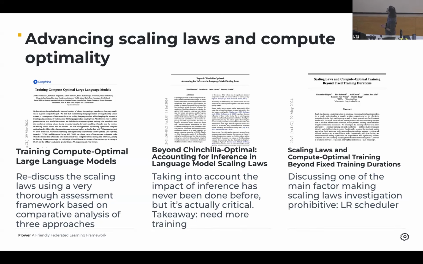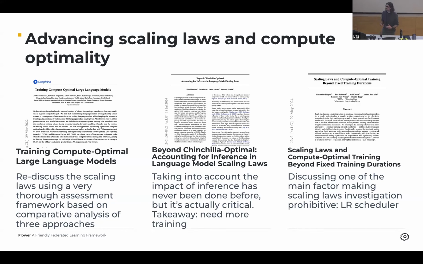The next work instead takes a very practical point of view. That is, look, pre-training is not the only thing that happens to these large language models, right? Large language models are then fine-tuned for domain-specific tasks or for downstream tasks. And we care a lot about the cost of inference.